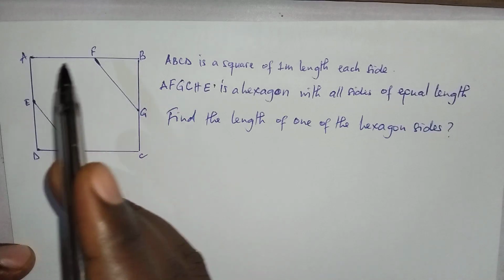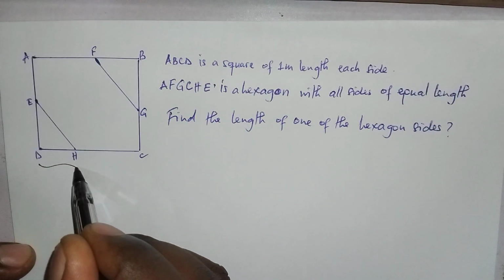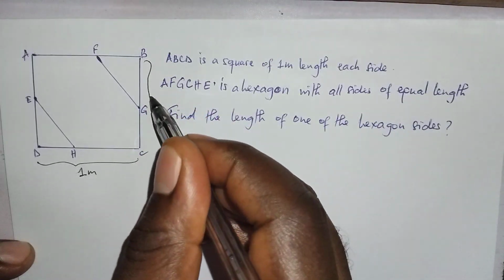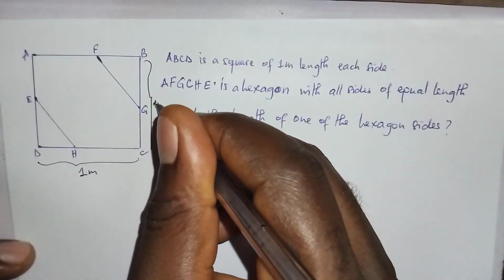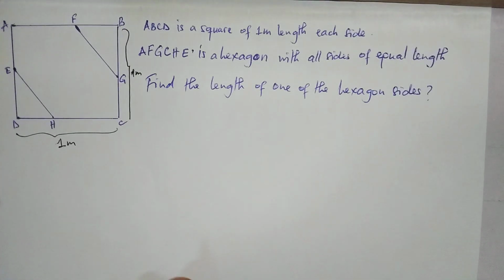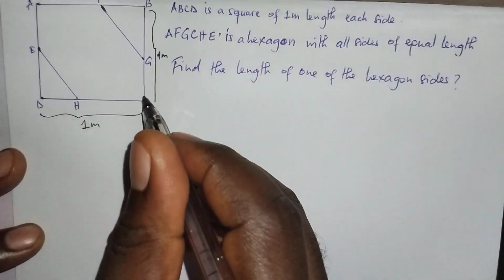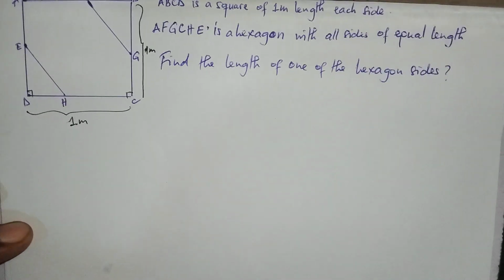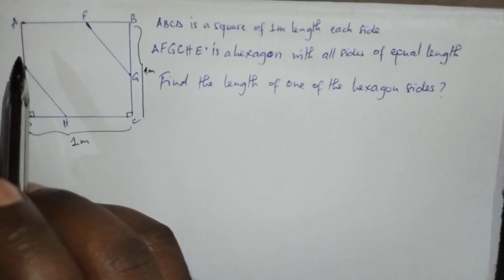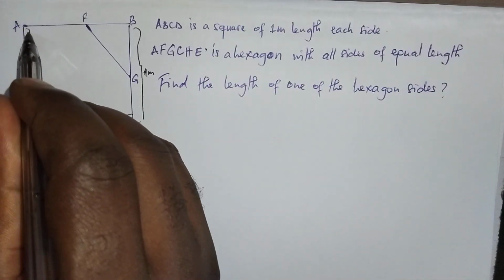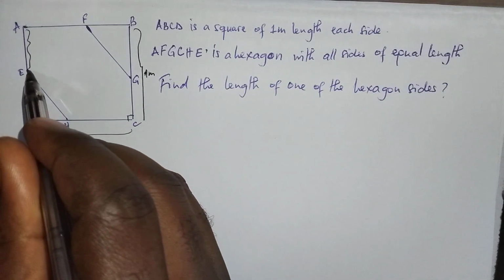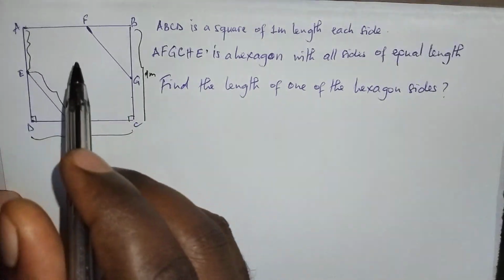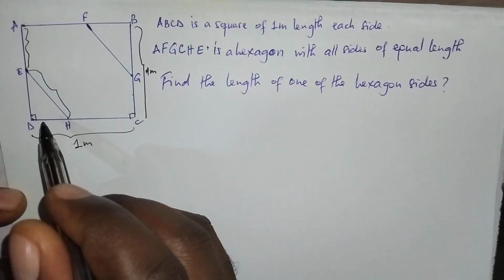ABCD is a square where each side is 1 meter, because it is a square. So this side, and this side, and this one, and this one of the hexagon are equal.